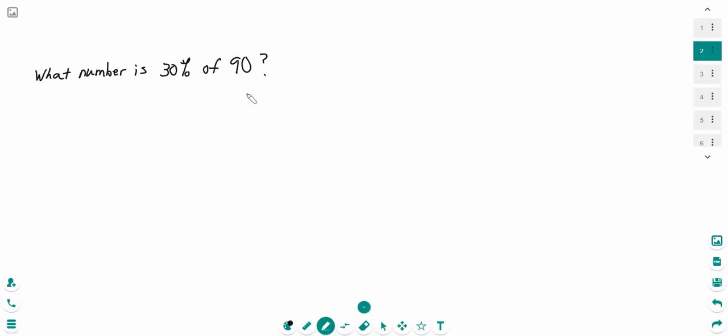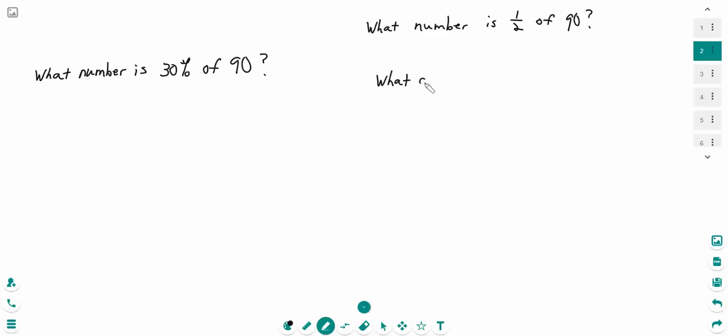Now, this shouldn't look too intimidating to you because you've done many problems like this. You've done fractional problems like this. There have been many times where you've had something that said, what number is 1/2 of 90, right? This one you've done many times. Other times you might have had decimals. So you might have something that looks like this.